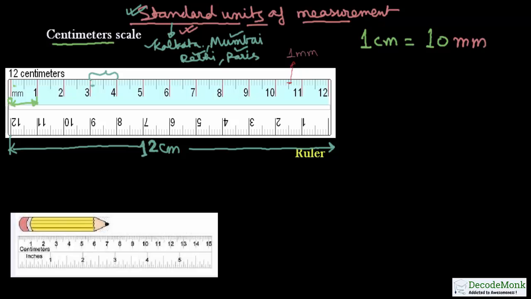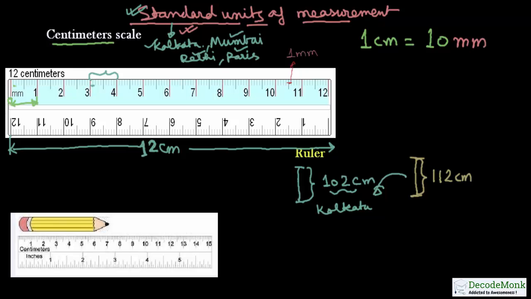So now if you measure your height with this particular scale, and you find that your height is, suppose say, 102 centimeter, and you are in Kolkata, and you call your friend over telephone that my height is 102 centimeter, what's your height? So your friend sitting at Mumbai may be measuring his height with again a scale and find that his height is equal to, suppose say, 112 centimeter.